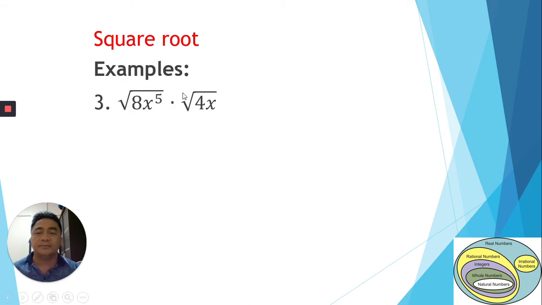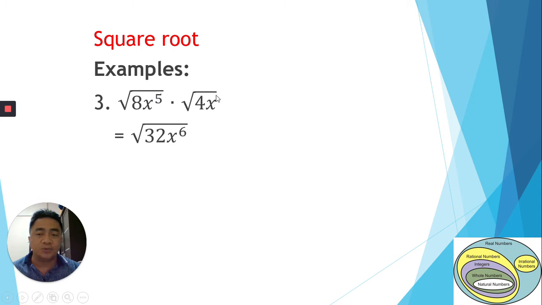Now we go to our next example. It's separate, but you will see that the index are the same. This is a square root, this is a square root, so we can combine them together like this. Multiply the coefficients, 8 times 4 is 32, and for the variable x and this variable x, since they have the same base, for multiplication we add the power.